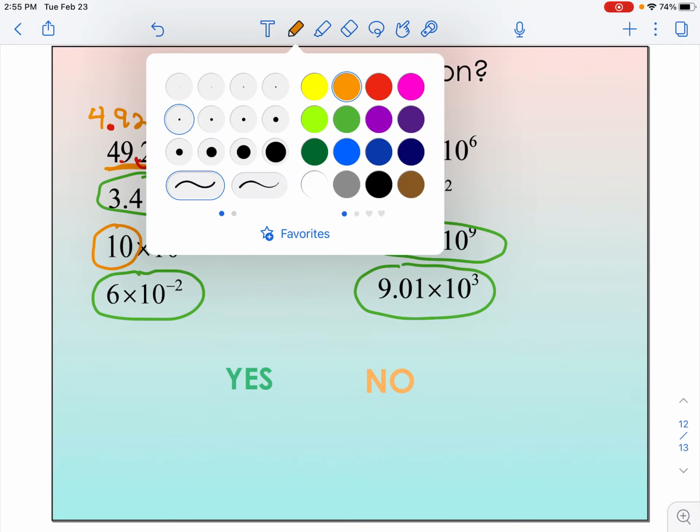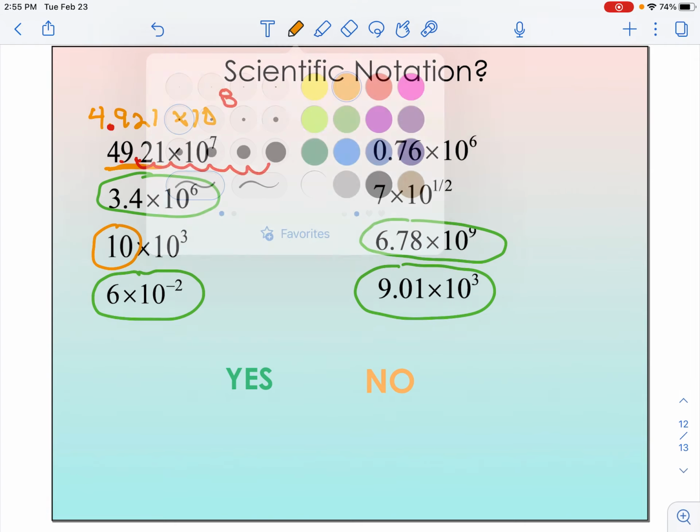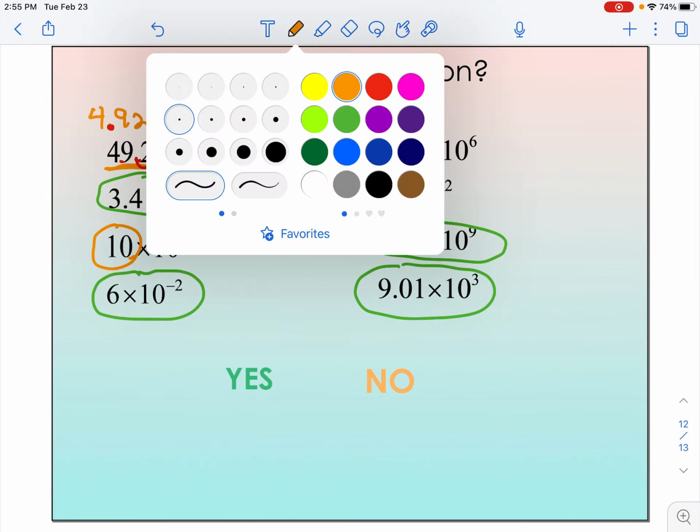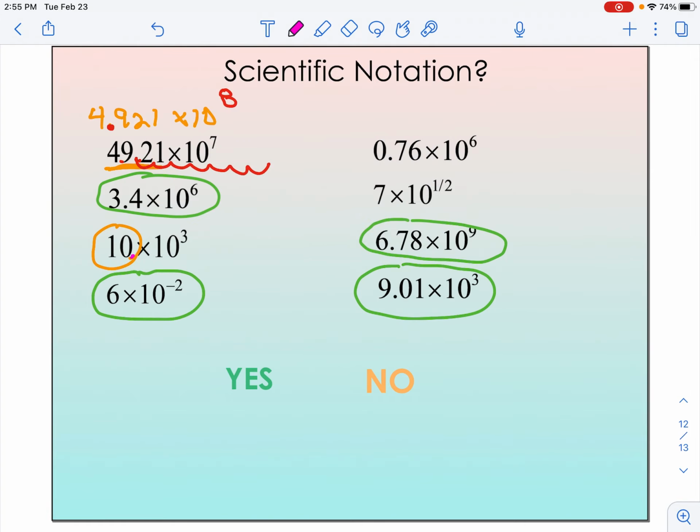So what I would do with this question is, here's where my decimal point is now. This is 10.0. So in order to move it, it would be the number 1. So this would be 1 times 10 to a power. So then again, what do I have to do? I made a larger number smaller.